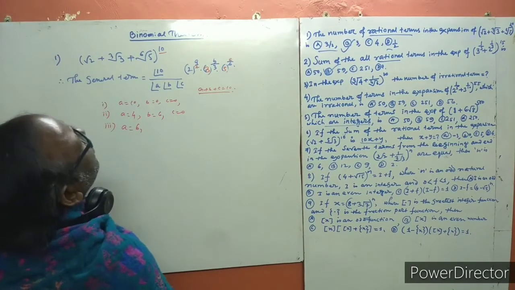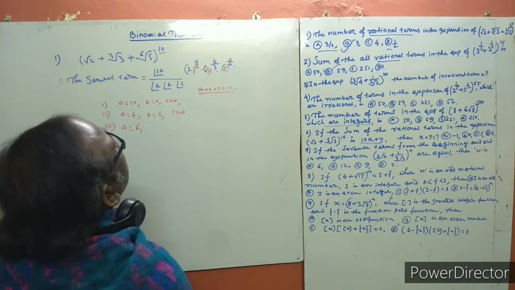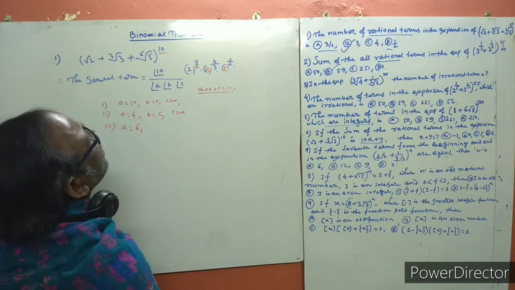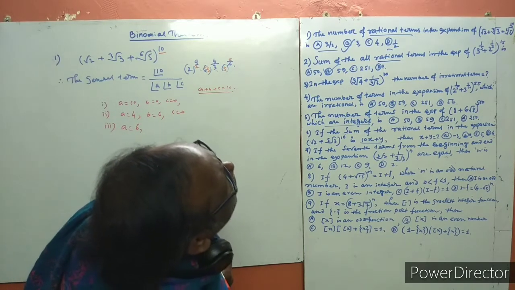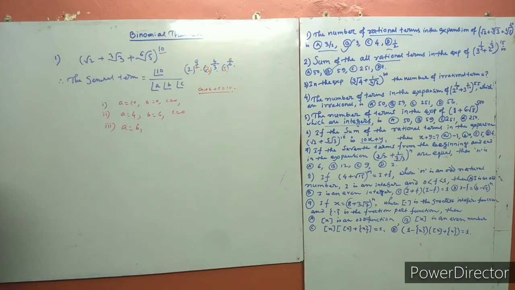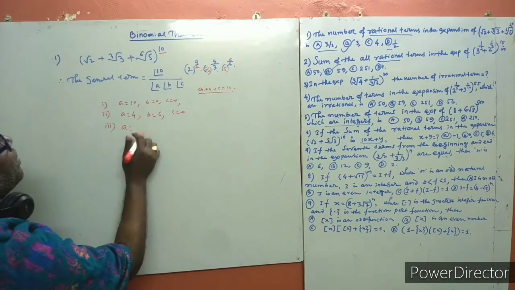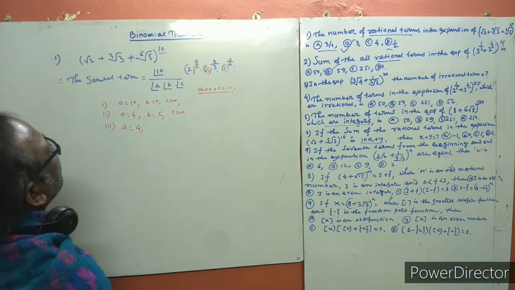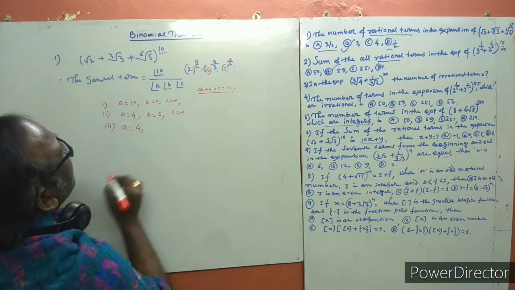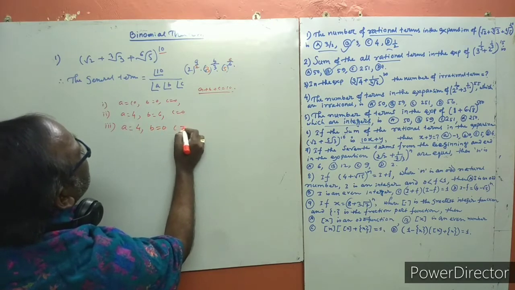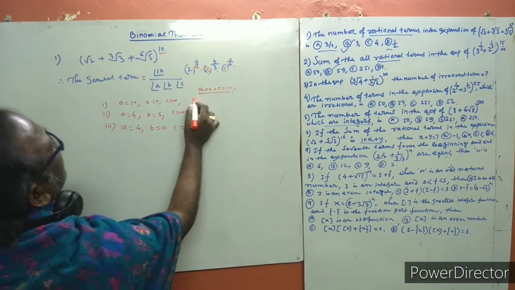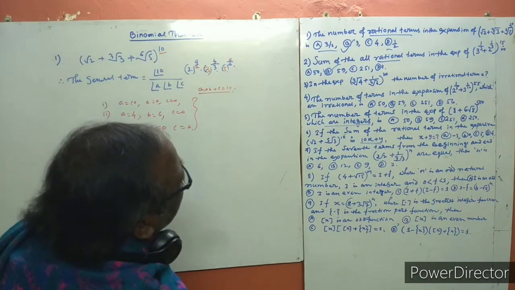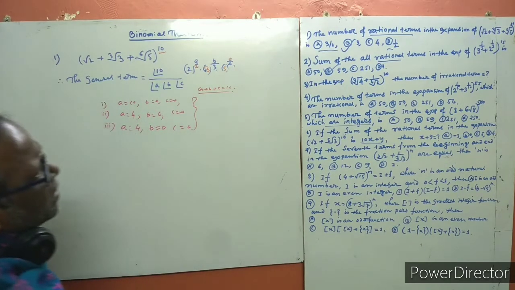Sorry, we have to remember C by 6, 2, 3, 6, and 2 to the power 1 by 2, 3 to the power 1 by 3, and 5 to the power 1 by 6. These are not satisfied there. So if we take A equal to 4 and B equal to 6, then if B is 0, then C is 6. Okay, see, these 3 options satisfy this equation. So we get 3 rational terms.